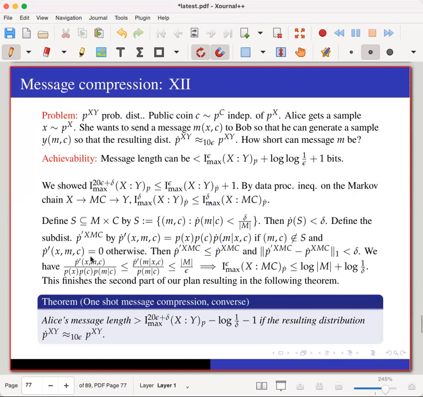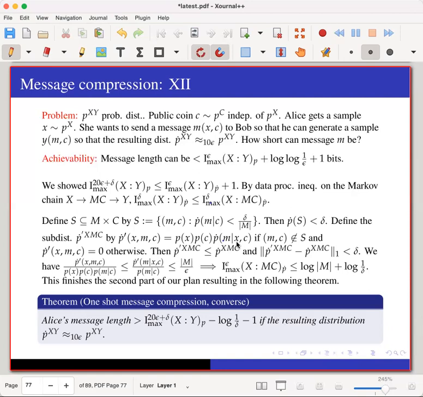I'm just throwing away triples XMC if the pair M comma C lies in S. And if it does not lie in S, this part is exactly as written, PX times PC, and then a point distribution, which is not very crucial at this point.